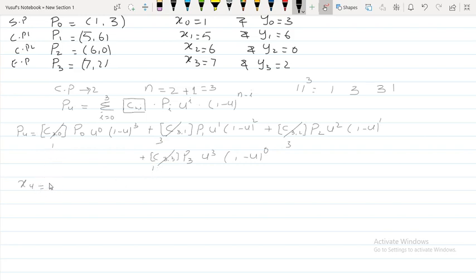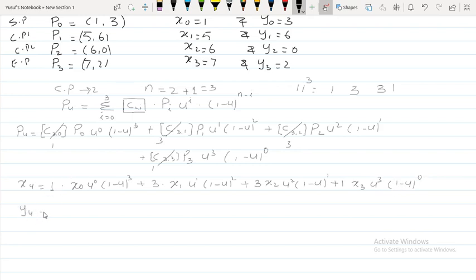So we can write in terms of x: constant 1 multiplied by x0 u raised to 0 (1 minus u) cube, plus constant 3 multiplied by x1 u raised to 1 (1 minus u) square, plus here constant 3 x2 u square (1 minus u) raised to 1, plus constant 1 x3 u cube (1 minus u) raised to 0. (1 minus u) raised to 0 will be 1.